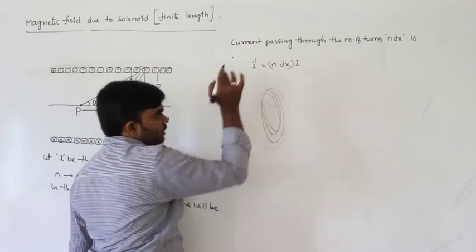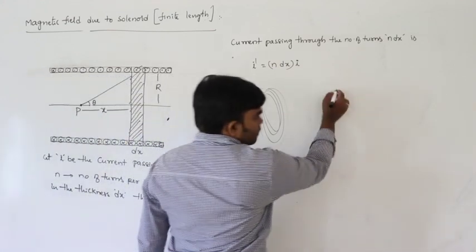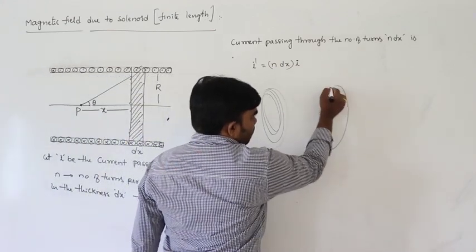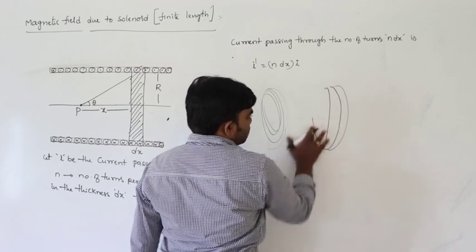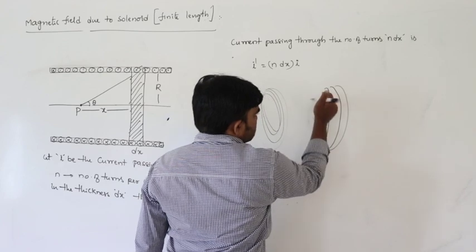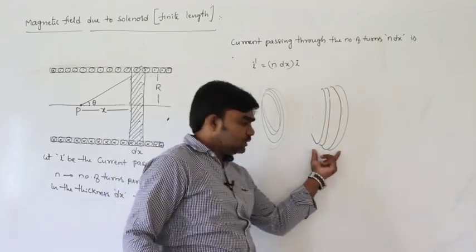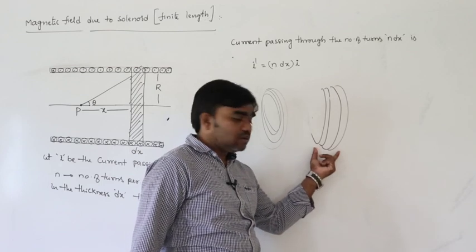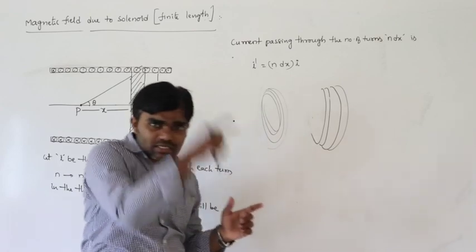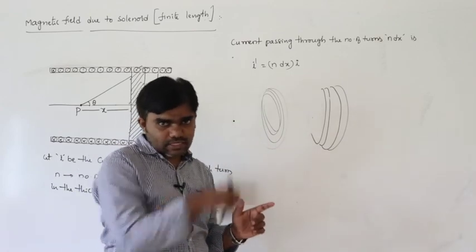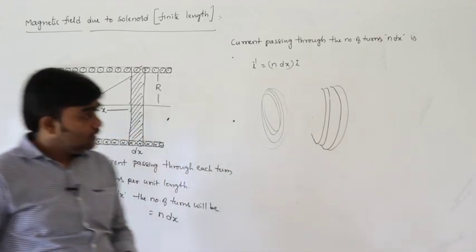These are the circular rings in the small length dx.